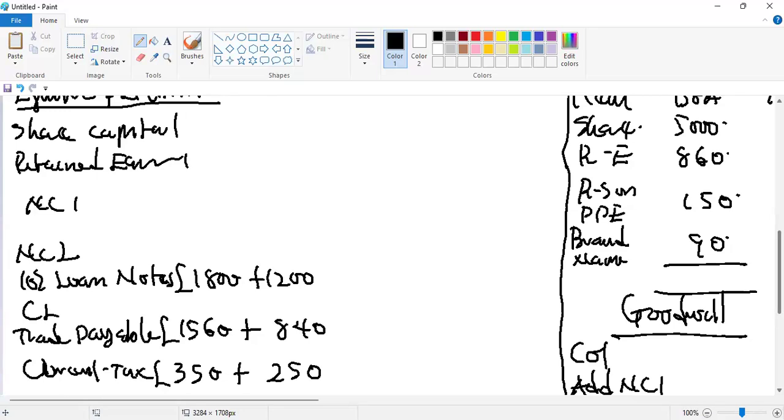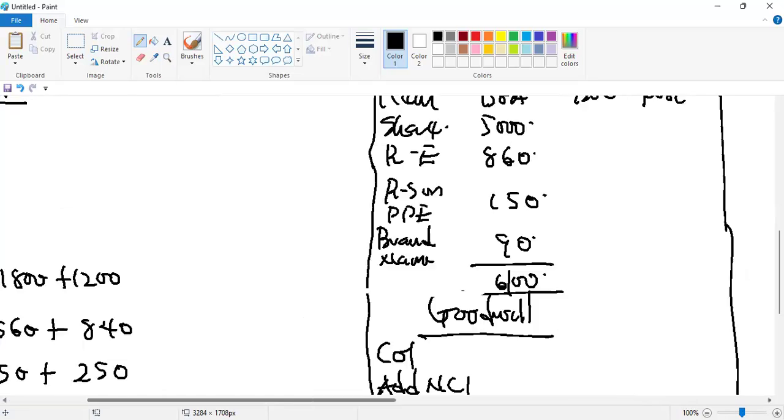That gives 6,100. So share proportion is now to calculate goodwill, NCI.